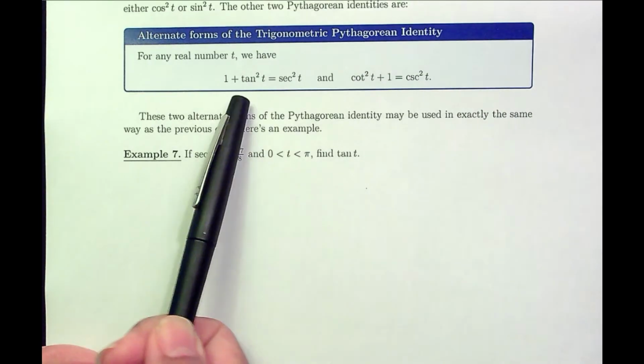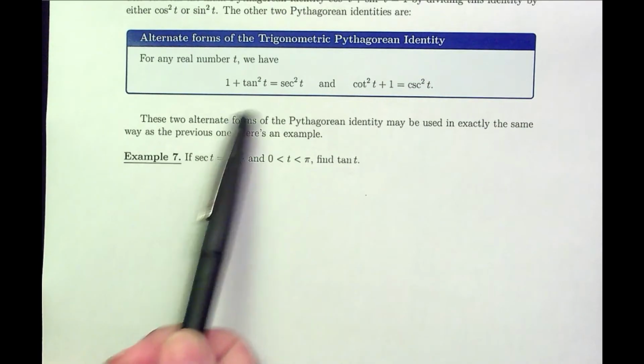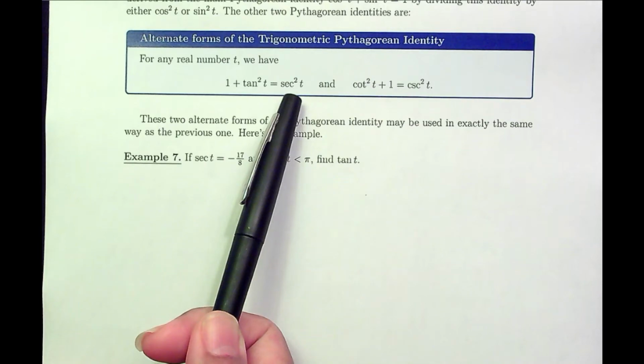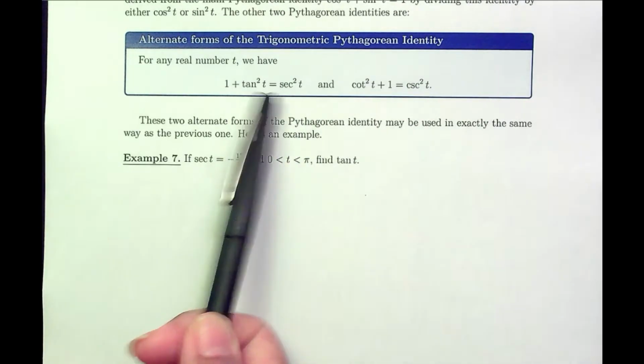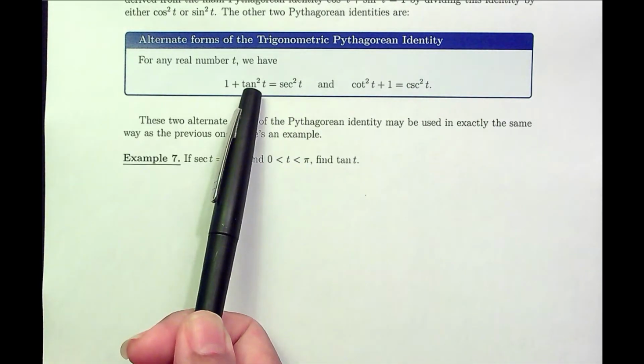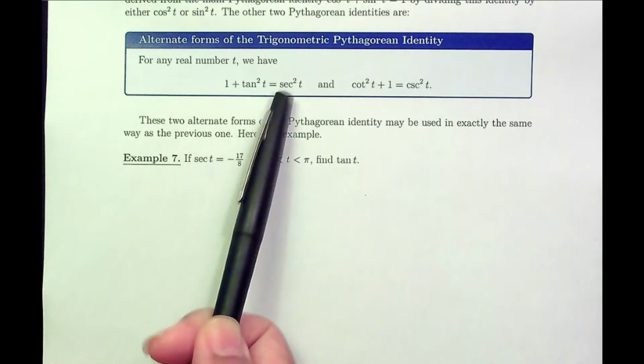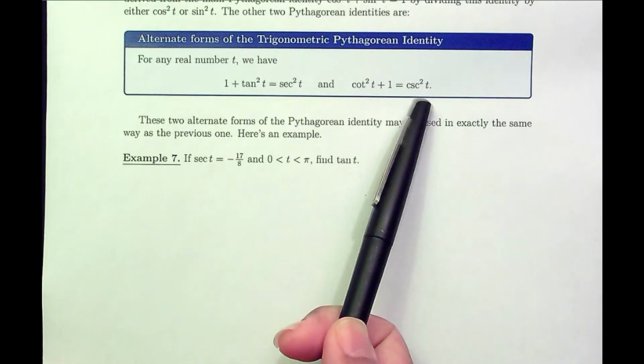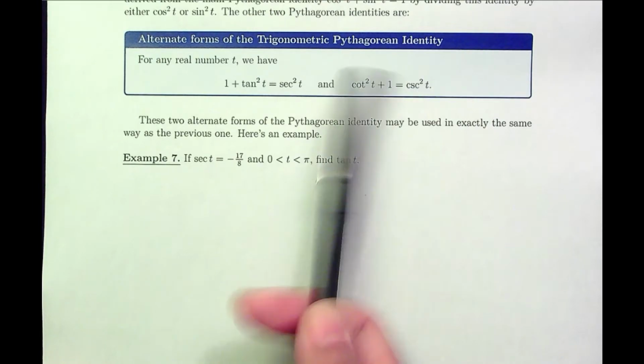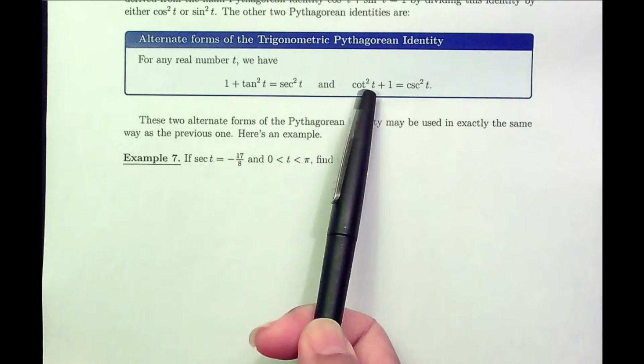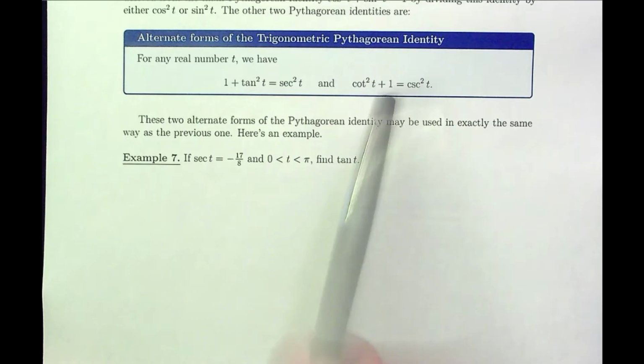Well, you use it exactly the same way. If I give you one of these, you can find the other one. If I give you the secant, you can find the tangent, or if I give you the tangent, you can find the secant. Similarly, if I give you the cosecant, you can find the cotangent using this version, or if I give you the cotangent, you can find the cosecant.